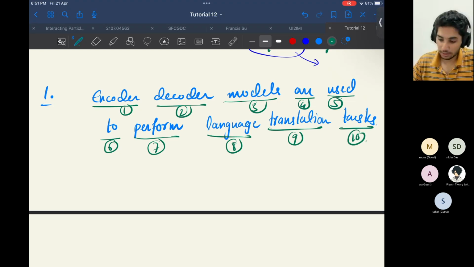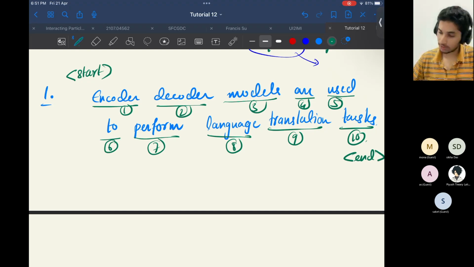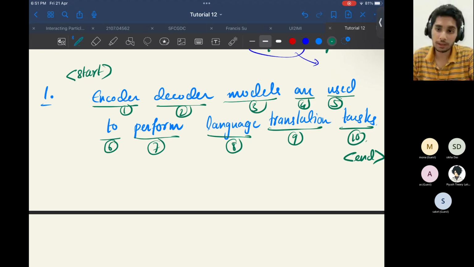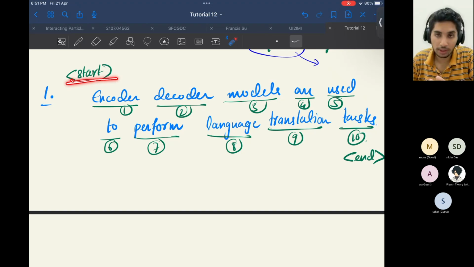However, we also need to remember that in NLP you have tokens, right? So you need to have a start token here and an end token here. Whenever you are feeding something to your network, the network needs to know whether this is the starting of a sentence or whether you are picking something from the middle. That is indicated using the start token.